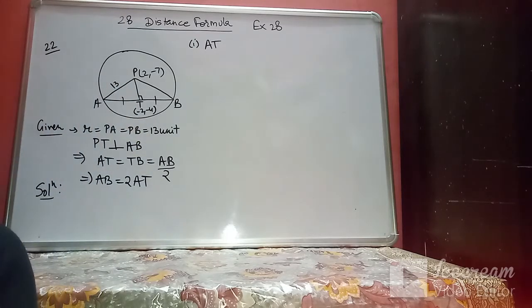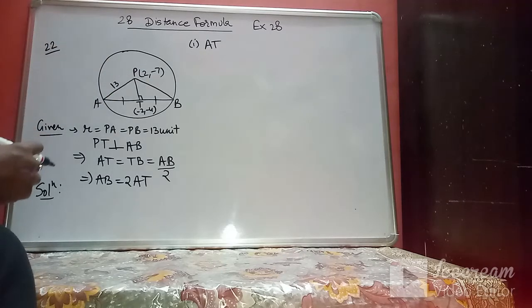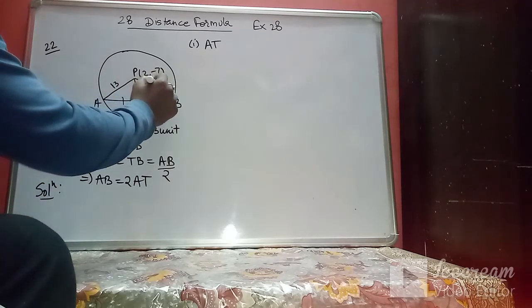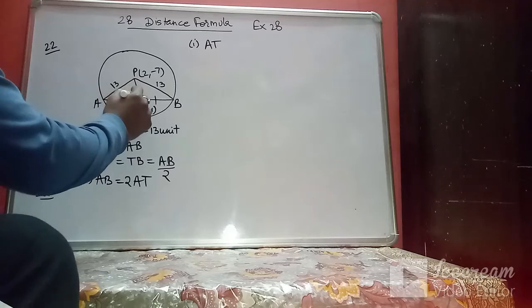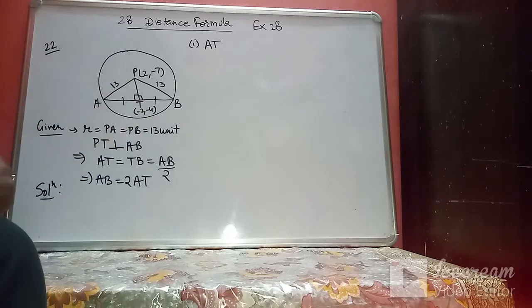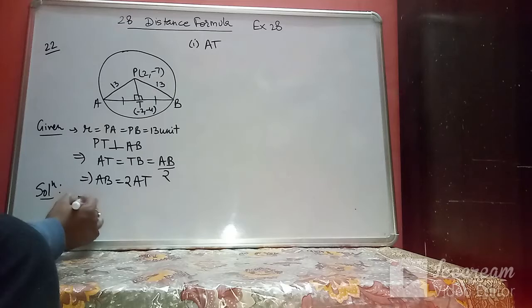Now radius is given, that means the value of PA and PB is given as 13 units. So first of all, to find AT, we have to find the value of PT, because AT lies in the right angle triangle PAT.